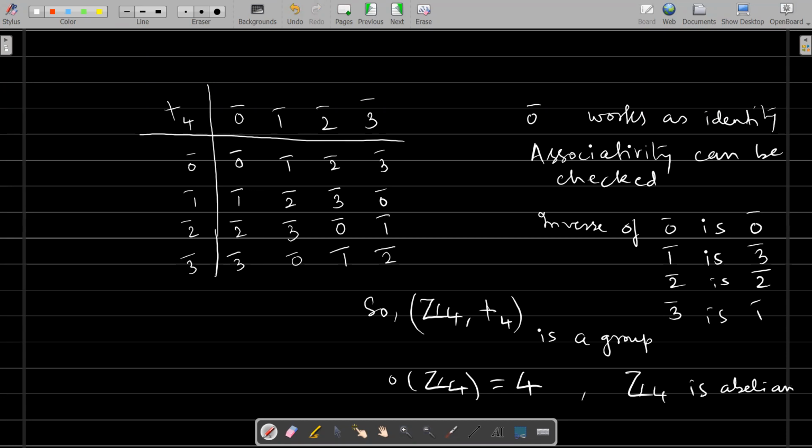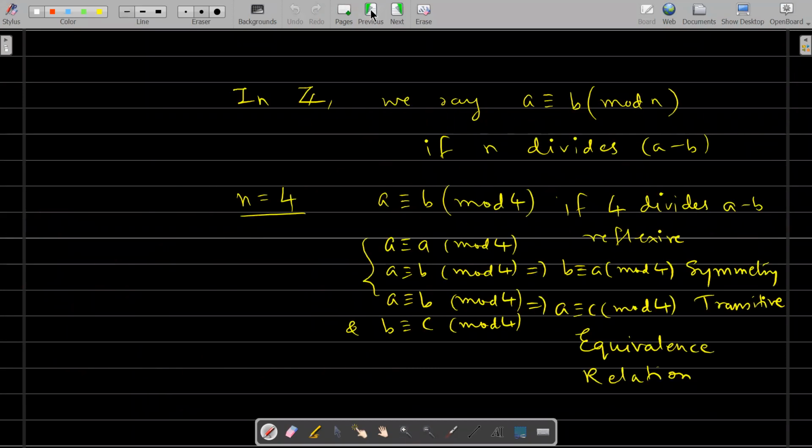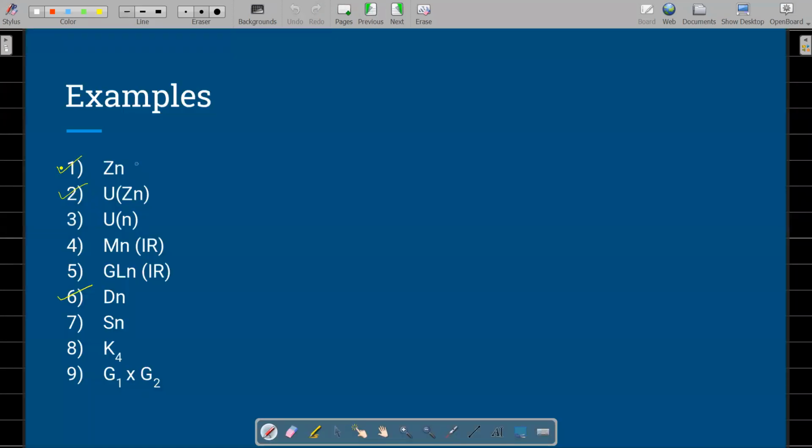Okay. Now more generally, let me say about Zn. So Zn is the set of all remainder classes modulo n: 0 bar, 1 bar, up to n minus 1 bar.